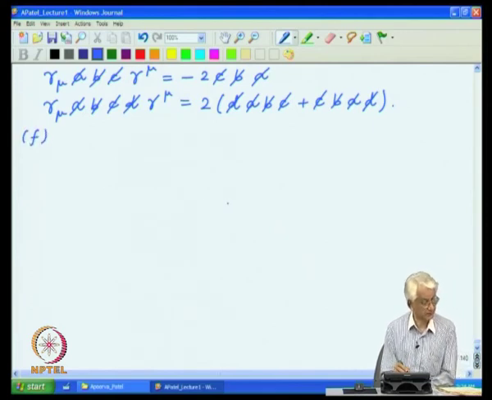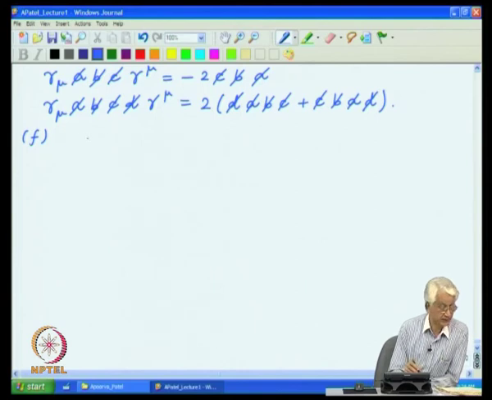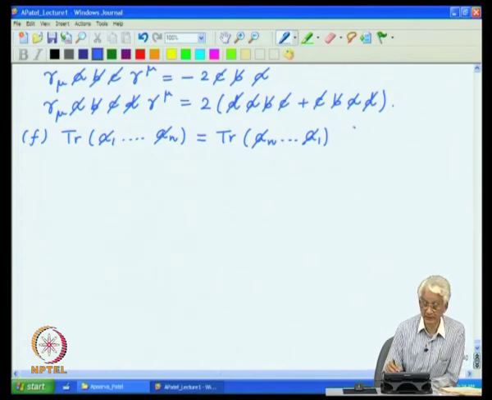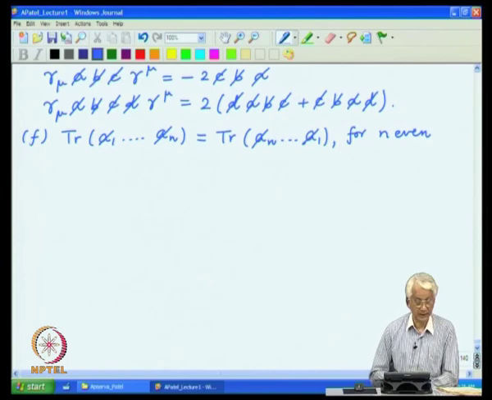Let me mention one more general result which illustrates a different symmetry in doing this particular calculation, and that result is the trace of n gamma matrices is equal to the trace evaluated with exactly opposite order, and we have seen that this one is non-zero only when the number of factors involved is even.